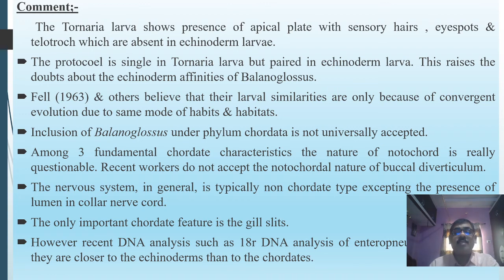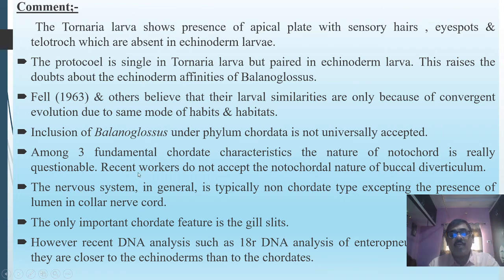The nervous system resembles that of other non-chordates. And the notochord is not a true notochord in Balanoglossus, but a buccal diverticulum. So among the three fundamental chordate characteristics, the nature of the notochord is really questionable.